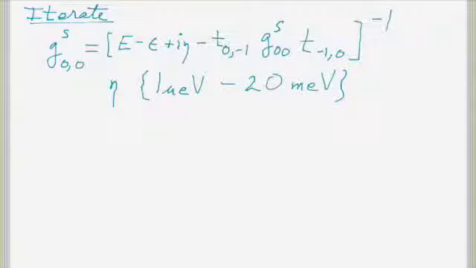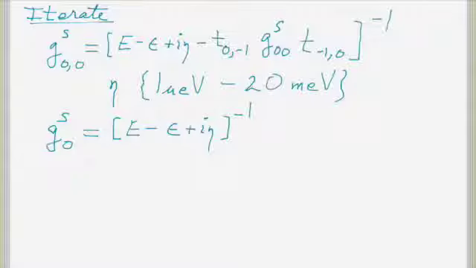So the initial guess that kicks us off is G_S, and now the subscript will just be the iteration number. So for the 0th iteration, you just put in the inverse of E minus epsilon plus i eta. That's your initial guess.